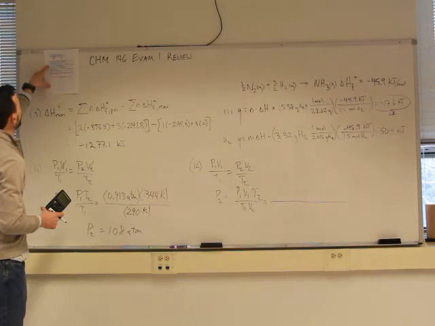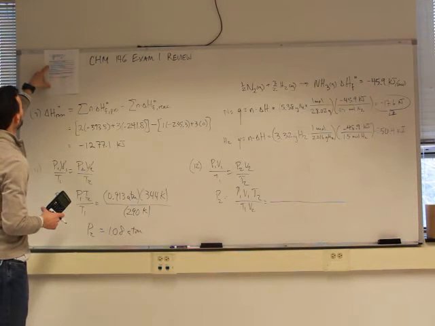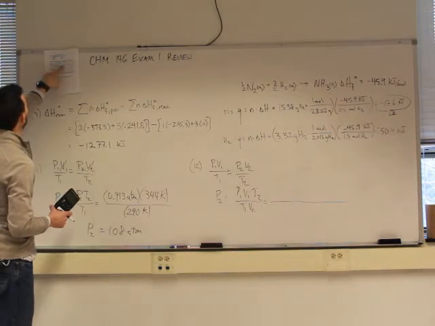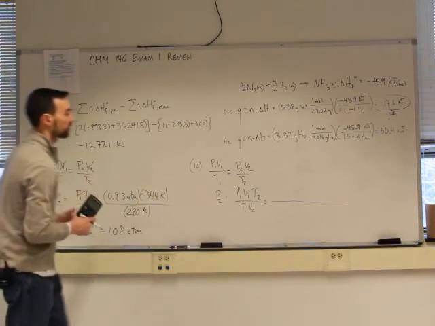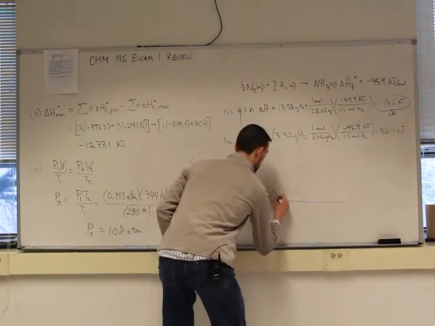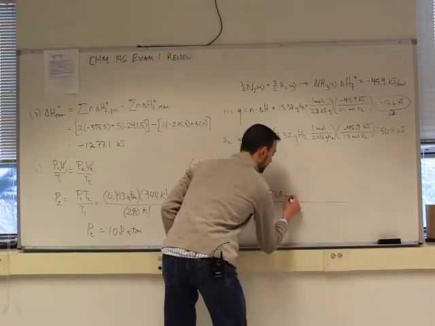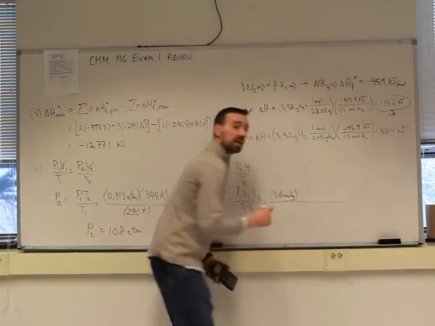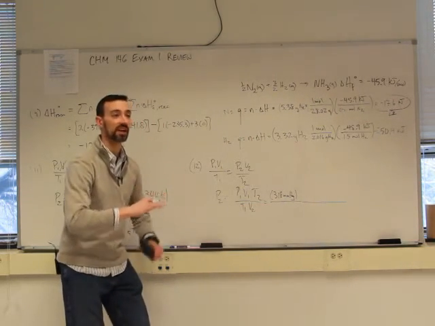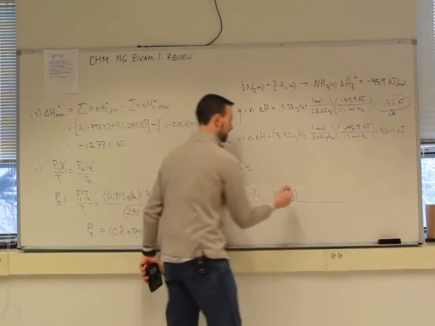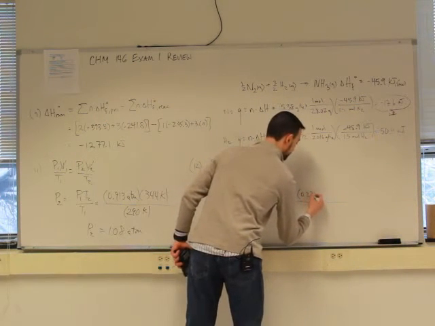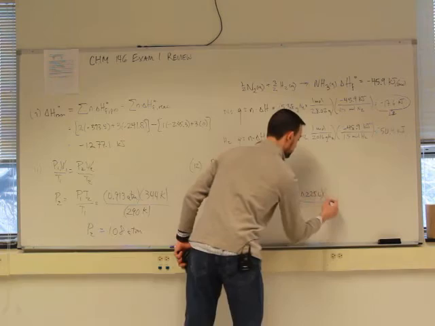So at number 12, our original pressure is 318 millimeters of mercury. And it's fine if we leave this in millimeters of mercury. The question has not specified use atmospheres or answer in atmospheres. Our volume was 0.225 liters.